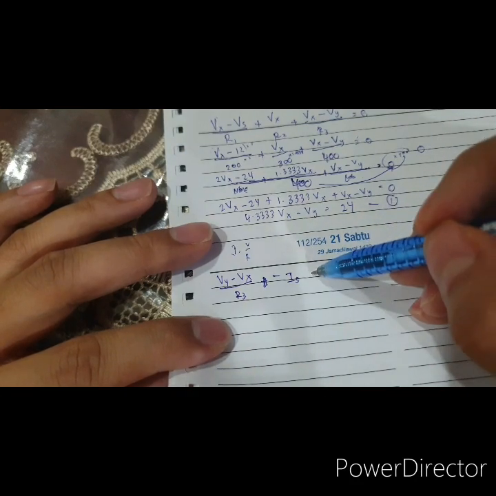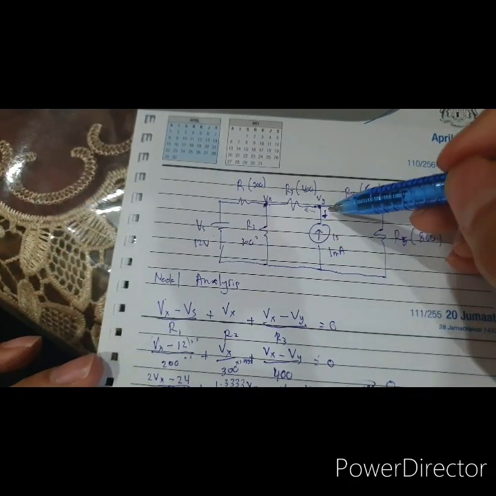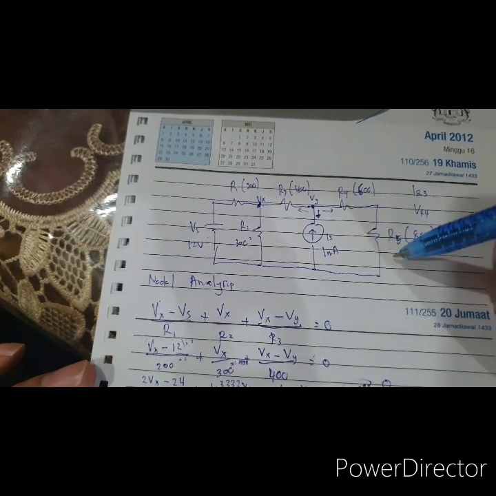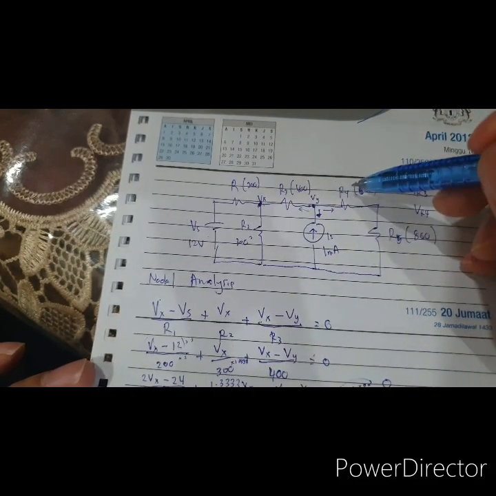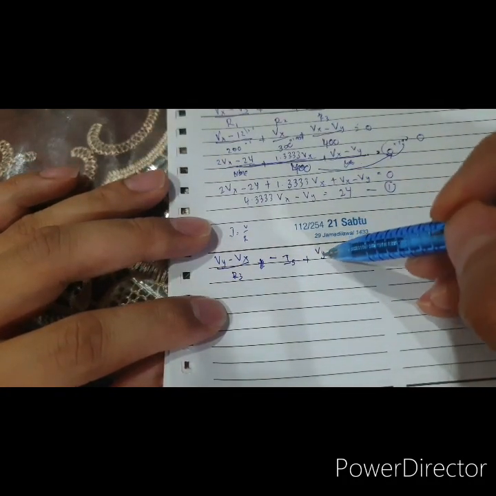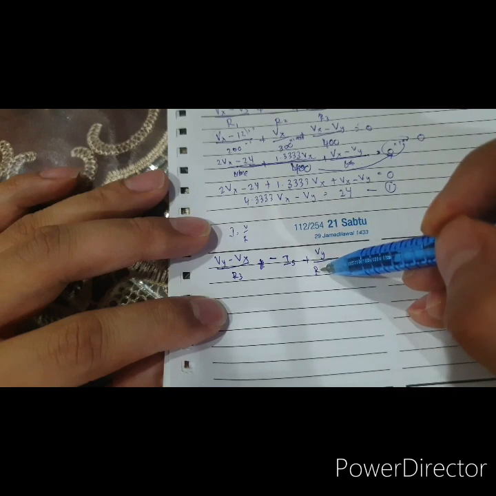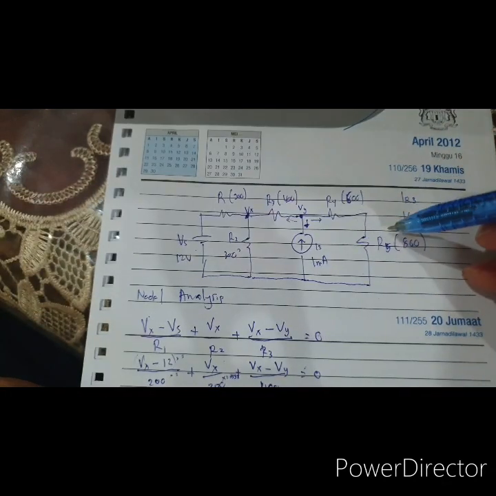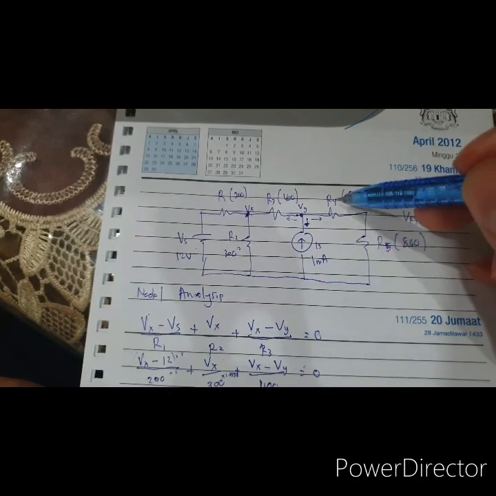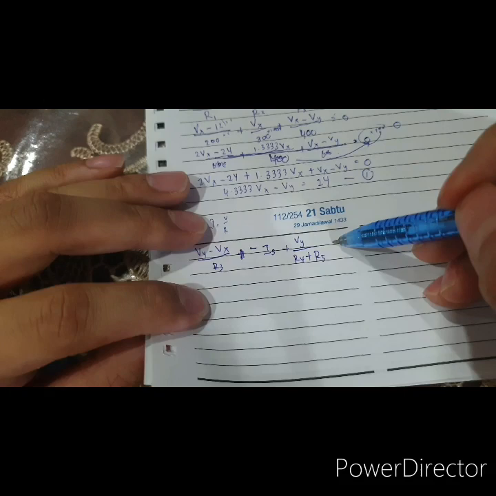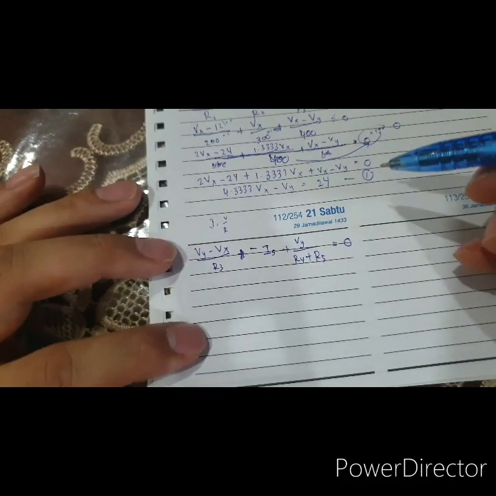Okay, and then as for this junction, dia tak ada apa-apa supply kan, so V over R. So kita akan tulis plus Vy over R4 plus R5 kan, sebab ada dua perintang kat sini. Okay, dua ni tambahkan, so jadikan R4 plus R5. So dah tak ada lagi branches, so equals to 0.